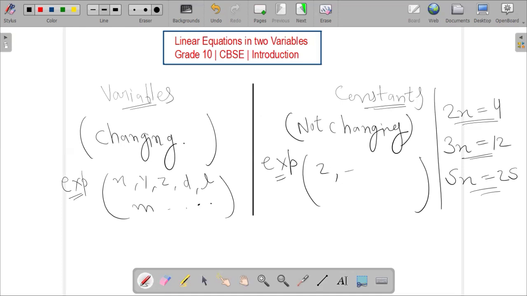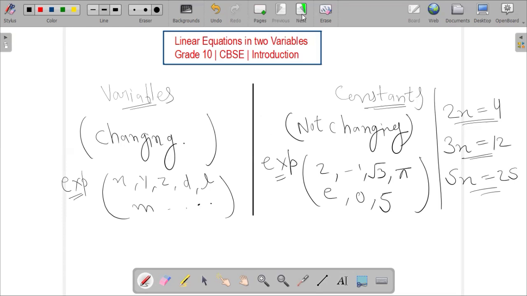You can say 2, -1, root 3, pi, and e, the exponential. These all are basically numbers. Every real number is an example of a constant. A constant is something which is not going to change its value forever.